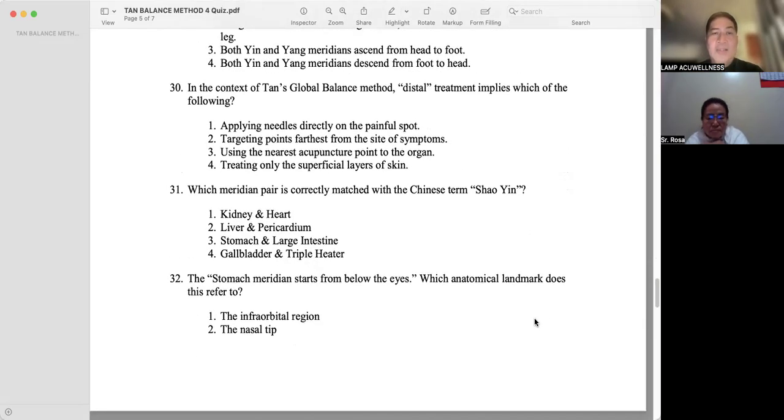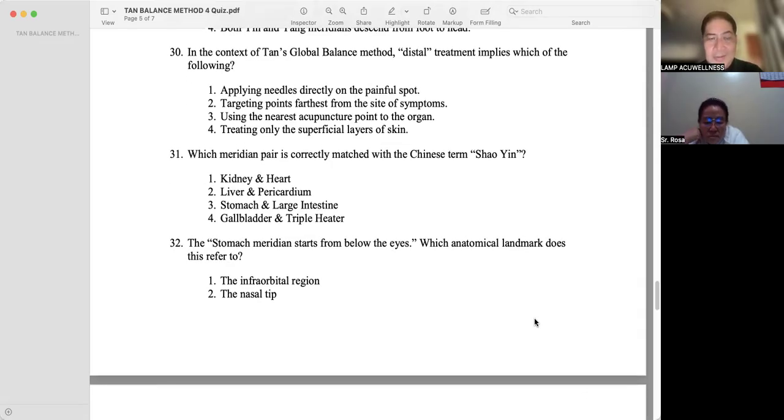In the context of Tan's global balance method, distal treatment implies which of the following? Of course, Doc, targeting points farthest from the site of symptoms. Which meridian pair is correctly matched with the Chinese term Shaoyin? Again, this was asked earlier.